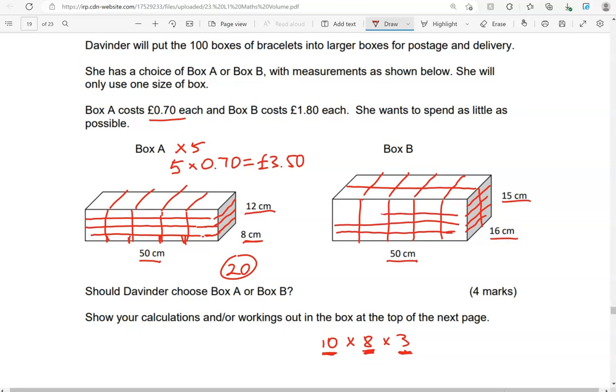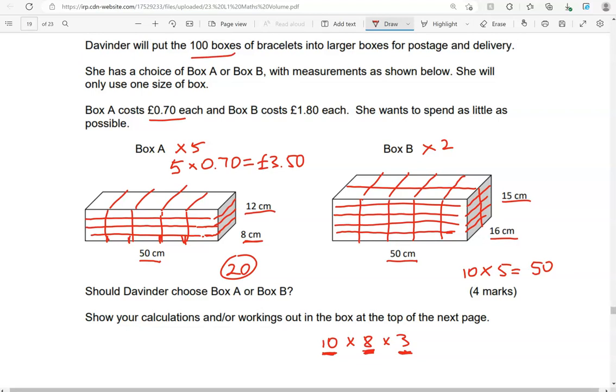So this looks like so. So in each row we have 10, and we have 5 rows. So that is 50 small boxes in box B. So we only need 2 of these, because 2 times 50 makes 100.